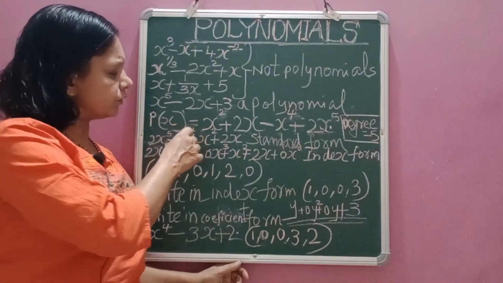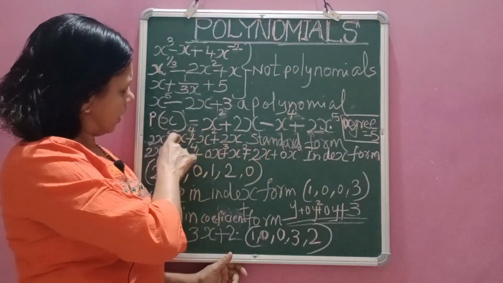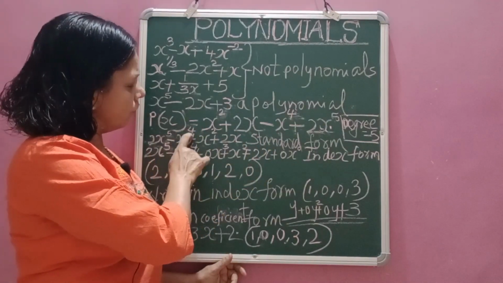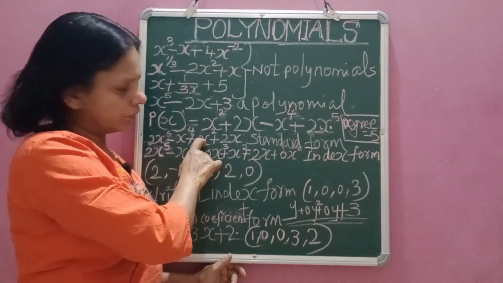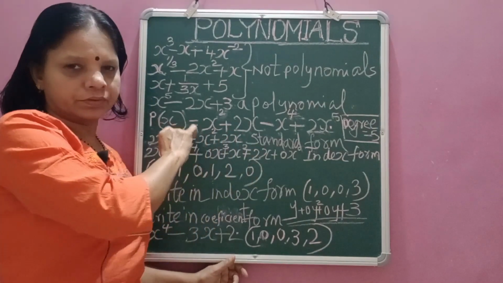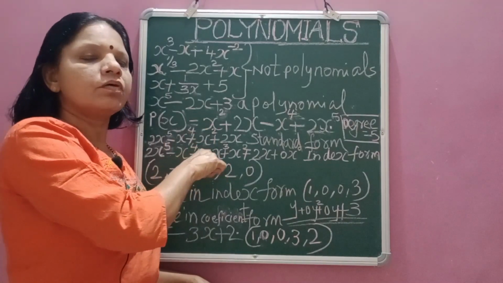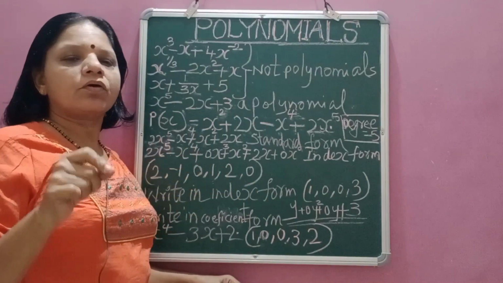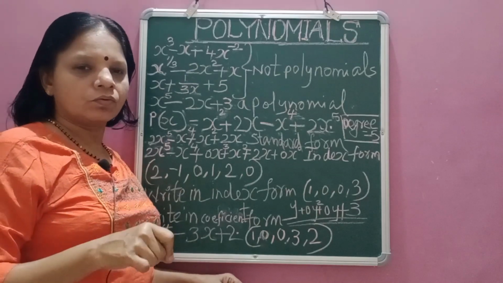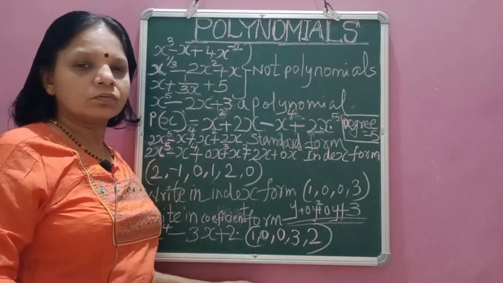And here you can observe that some of the powers are missing. Here after 5, 4, then 3 is not there. Then 2, 1 and 0 is also not there. So we can include that also by keeping the coefficient 0. If you keep the coefficient 0, that term is 0.